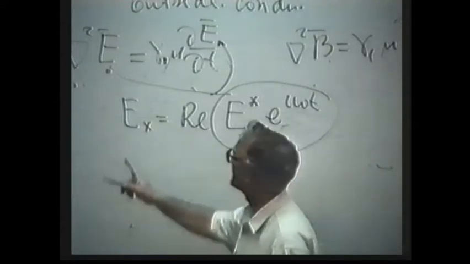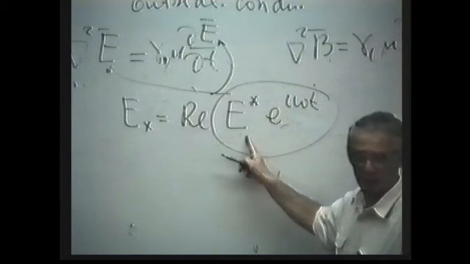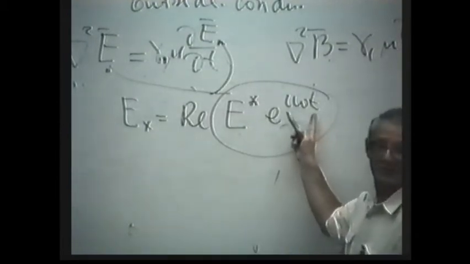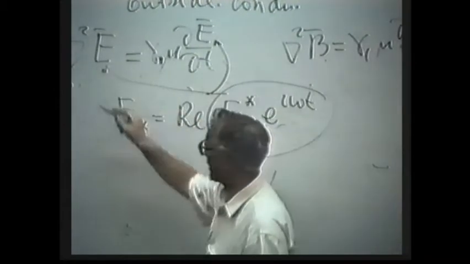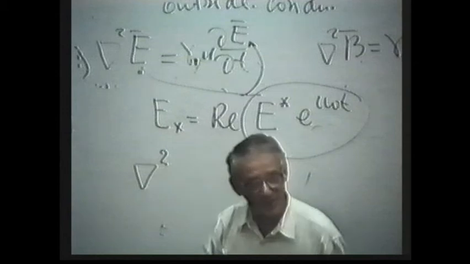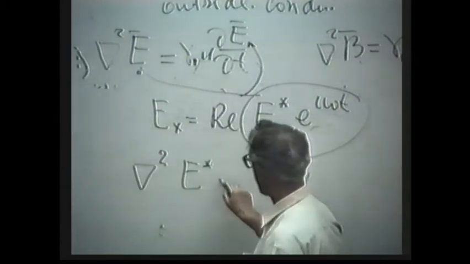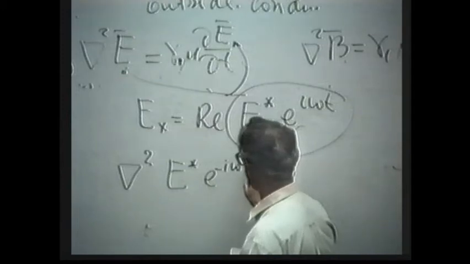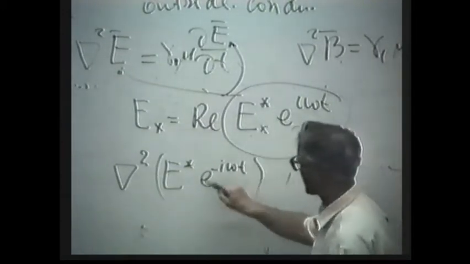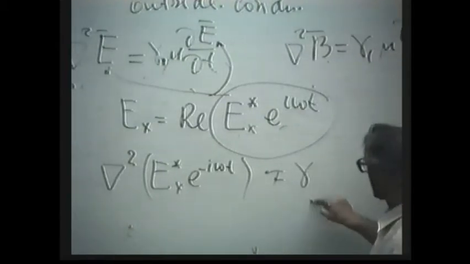Ready? This function depends on the coordinates of the point. Yes. This function is independent. So I substitute here and I have the Laplacian, it means derivative, of E star e to the i omega t, for instance, x, equal to gamma mu.